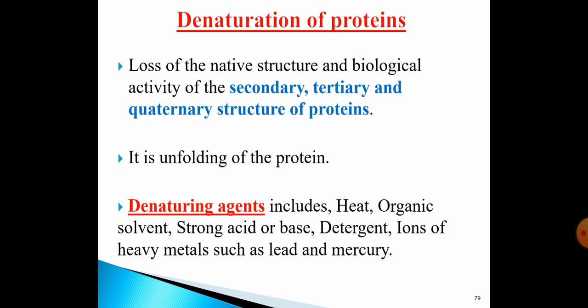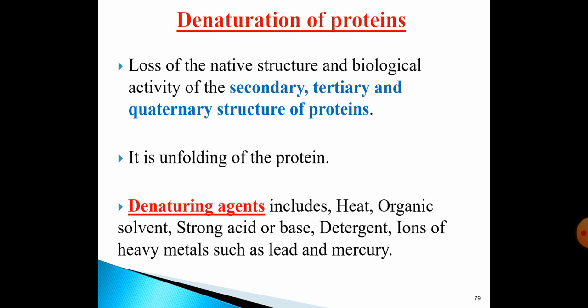And we go to protein denaturation. Denaturation happens when proteins lose their different structures except the primary structure. That means you lose all the other structures, only the primary stays. You cannot break the primary structure. It tells you the sequence of amino acids in the polypeptide chain.